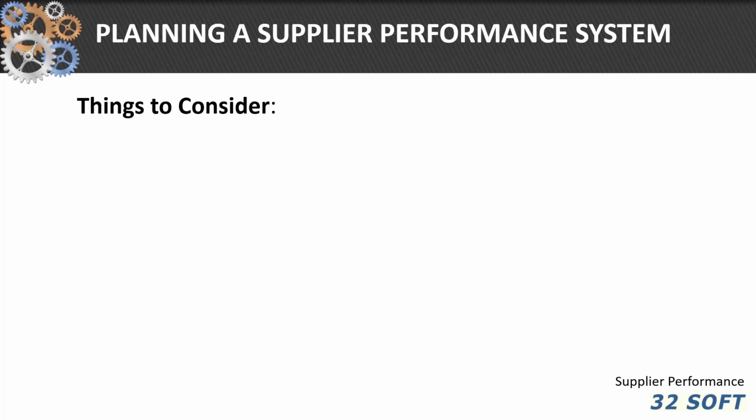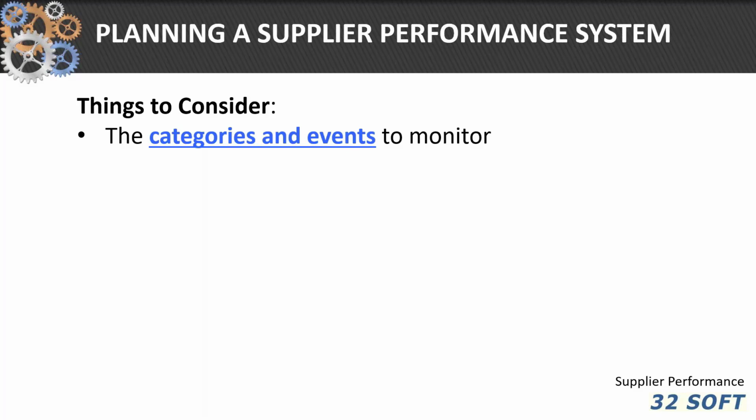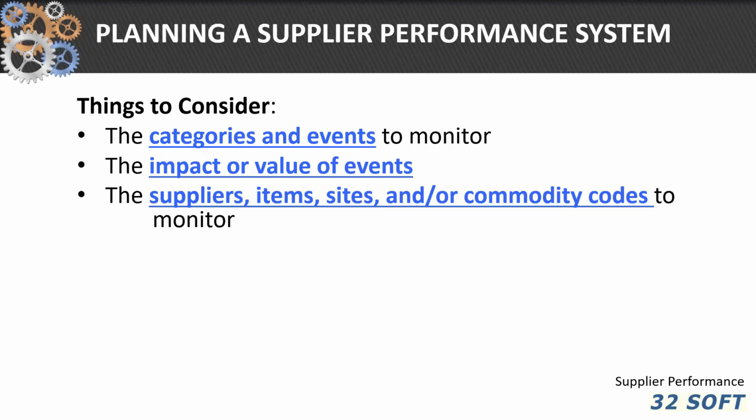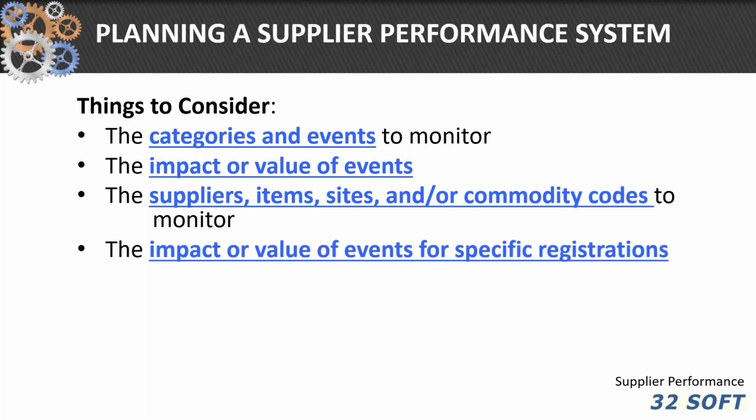When you consider implementing a supplier performance process, you need to think about what you're going to measure: categories and events, the impact or value of those events, which is more important than others. You're going to have to define it for either all suppliers or a particular population of suppliers.